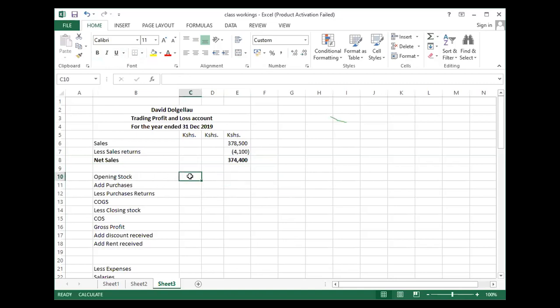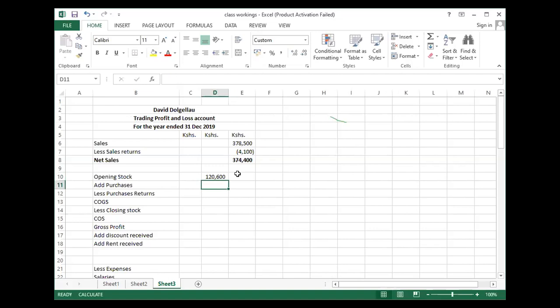Good. Opening stock. What's the opening stock? Very fast, very fast. Someone identify, yes, 120,600. Opening stock, 120,600. No, I said we are learning. This is the method that I'm using.